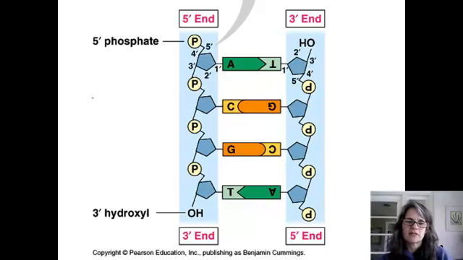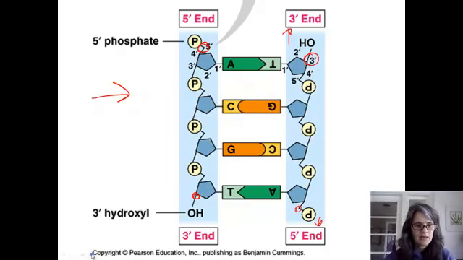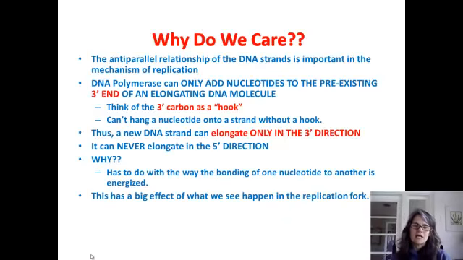So this is the best drawing I can give you to show you that. If this is the 5' carbon here, its 3' counterpart is going to be down here, and if this molecule is going to hook up side by side with it, its 3' will be up here, and its 5' will be down here. They will be upside down relative to each other, anti-parallel. Okay? Now, why do we care?